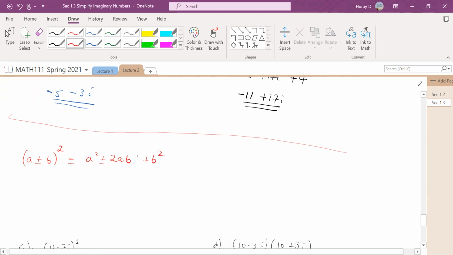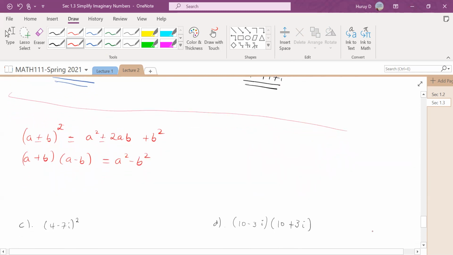We know this one, right? And we know a plus b times a minus b is a squared minus b squared. We have this property, so we can just use this property to multiply two complex numbers. So in this case, these two are called conjugates.